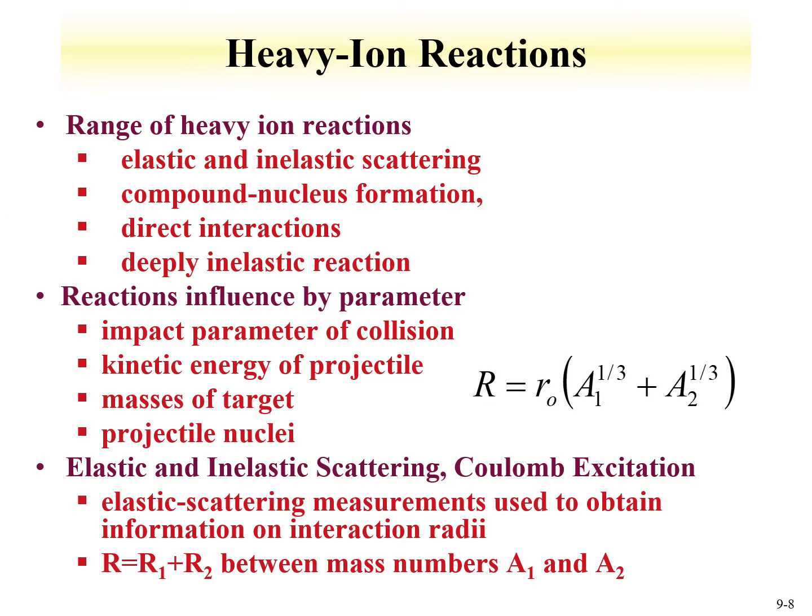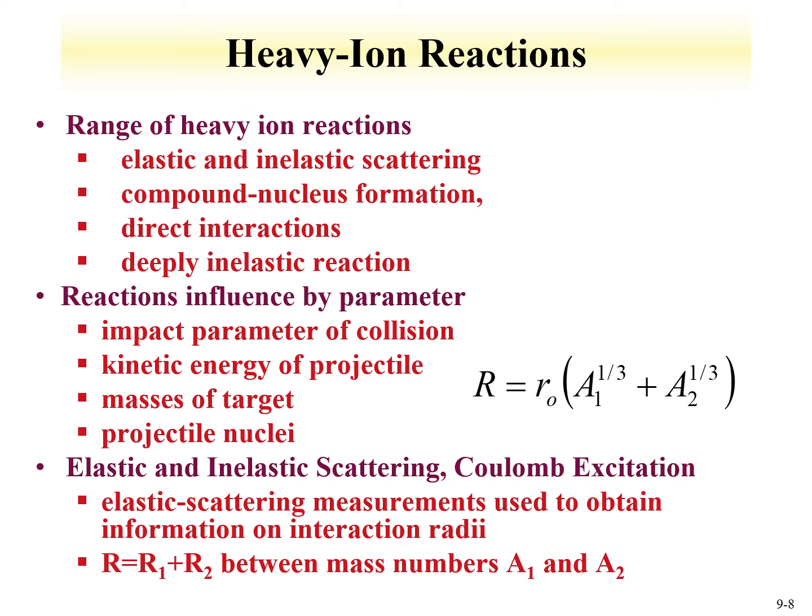Another route of reactions is moving from lighter particles to heavier particles. As opposed to using a proton, think about bombarding a nucleus with something like oxygen-16. These heavy ion reactions are in a lot of ways similar to light ion reactions, where we can have elastic and inelastic scattering, compound nucleus formation, direct interactions, and deeply inelastic reactions.